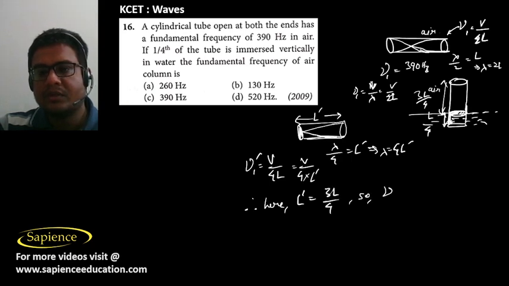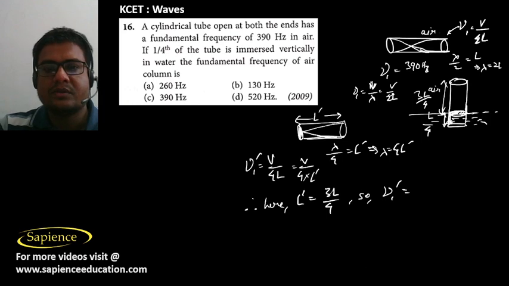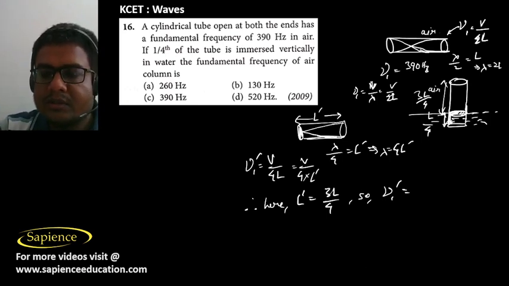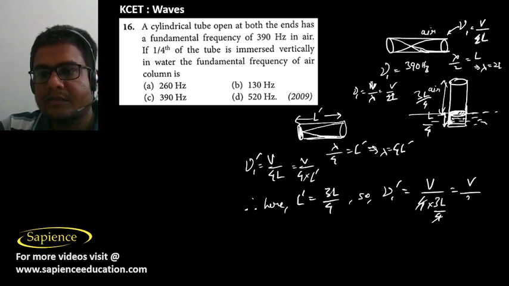So now new one dash, that is the fundamental frequency of the air column when 1/4 of the tube is immersed in water, will be V by 4L dash, which is V by 4 into 3L by 4. So this is V by 3L.